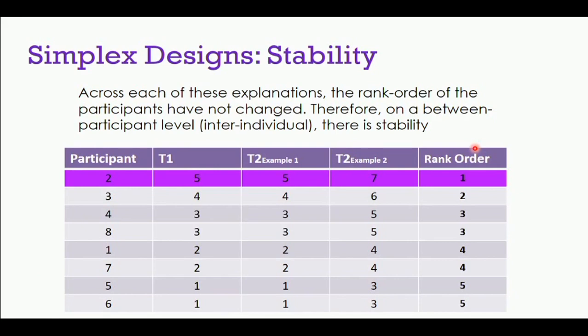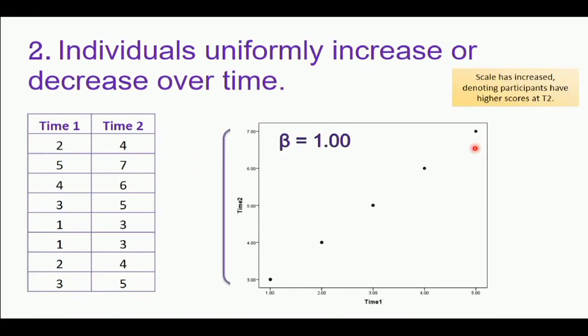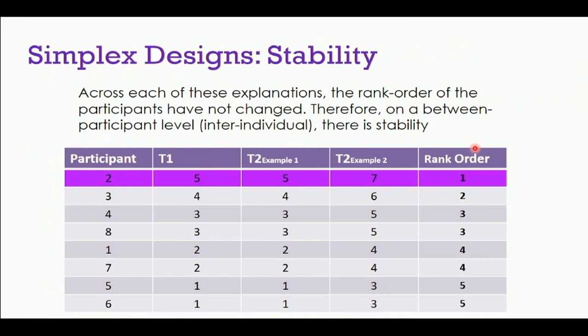Okay, so with simplex designs, generally you want to, depending on your research question of course, establish stability. So across each of these explanations, the rank order of the participants has not changed. So for this one here and that one there, the rank order didn't change. Therefore, on a between participant level or inter-individual level, there's stability.